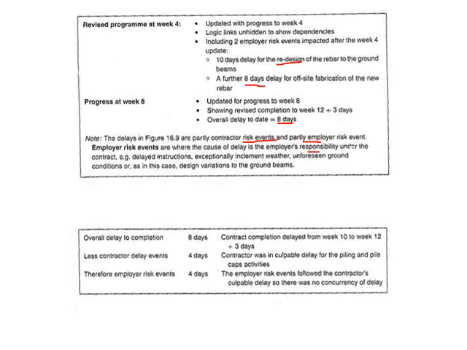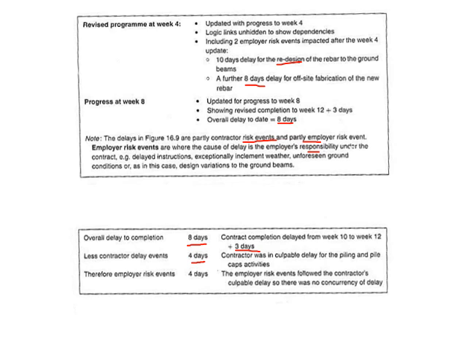Okay, so if there was a claim evaluation that had to take place, this would be the case. Then your overall completion date is 8 days. The contract completion delayed from week 10 to week 12 is 3 days added, and then less your contractor delays event, 4 days.